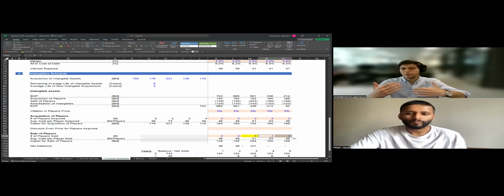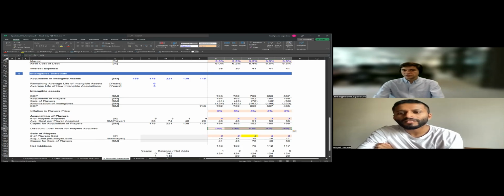And then for the players sold, we sell fewer players than what we are acquiring. So the squad is increasing in volume. And then in this year, right after 3 years, when the squad is consolidated, I right size the squad to my average number of players. And then I just continue selling the same amount of players. So I'm buying and selling 3 and 3.